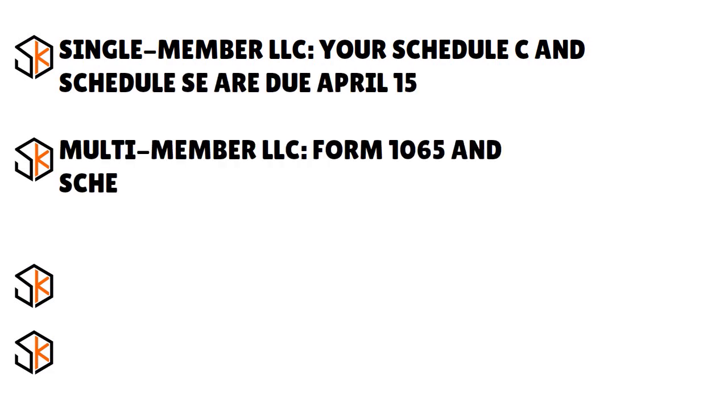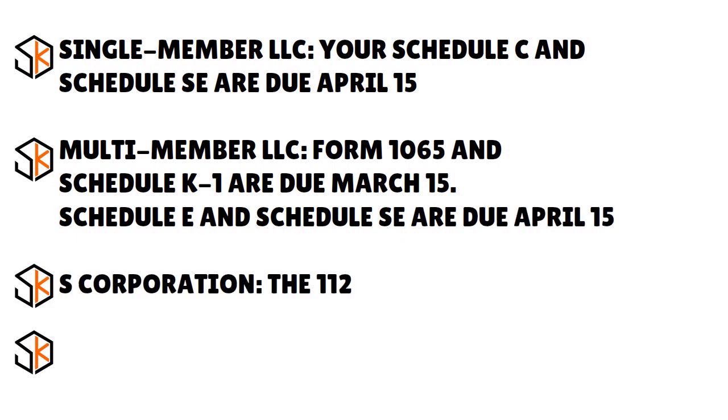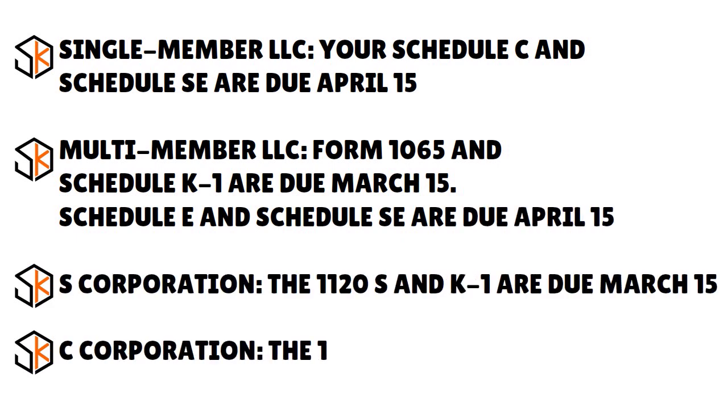For a multi-member LLC, Form 1065 and Schedule K-1 are due March 15th, and Schedule E and Schedule SE are due April 15th. For an S corporation, the 1120S and K-1s are due March 15th. For a C corporation, the 1120 is due April 15th. So those are really important to remember.